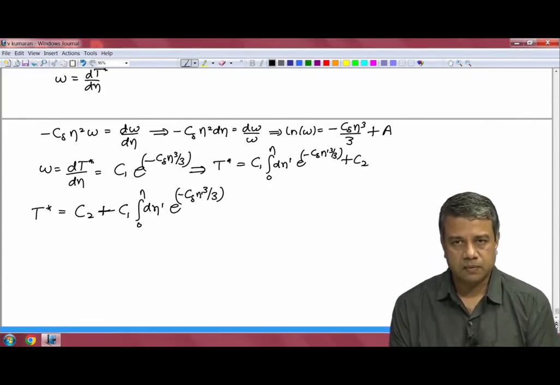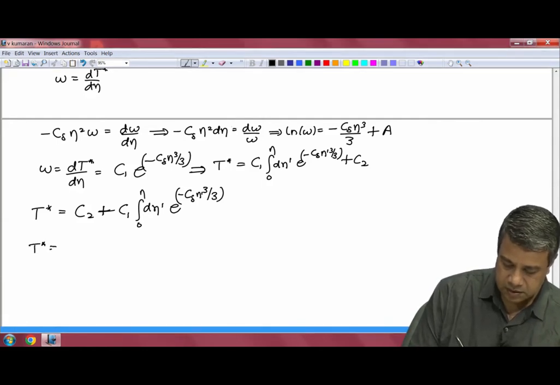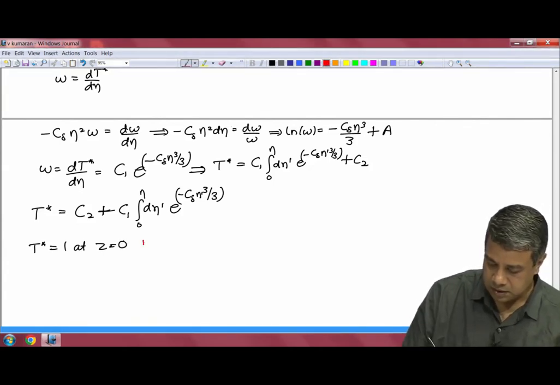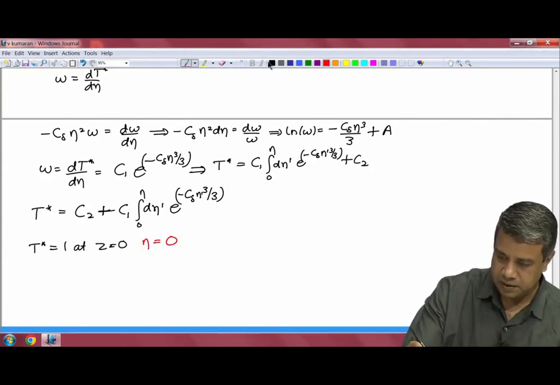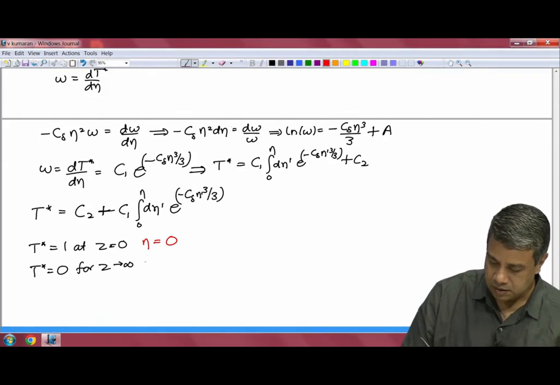Now, we have to apply boundary conditions. Okay. T star is equal to 1 at z is equal to 0 or eta equal to 0, and T star is equal to 0 for z going to infinity or eta going to infinity.